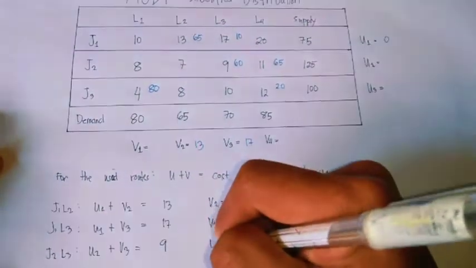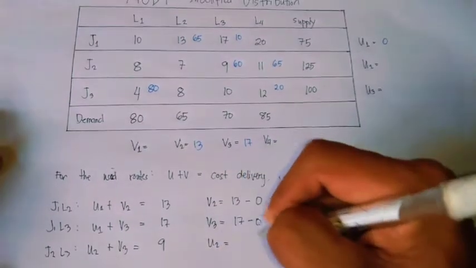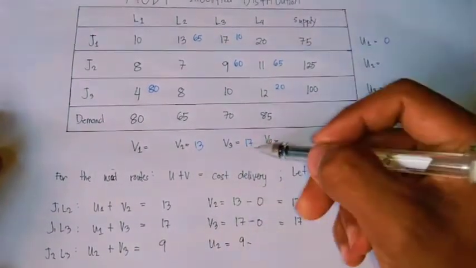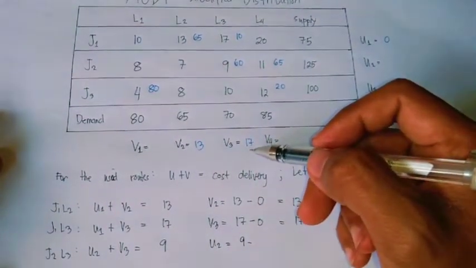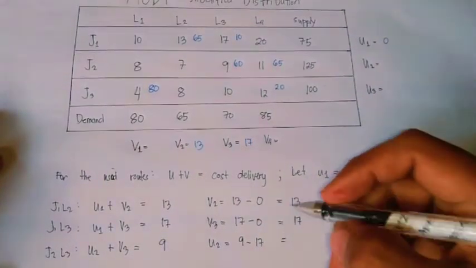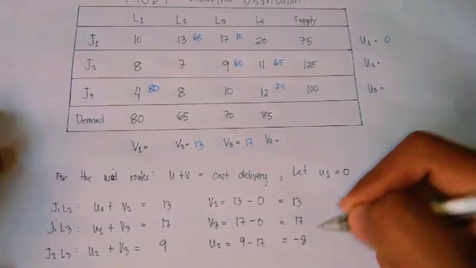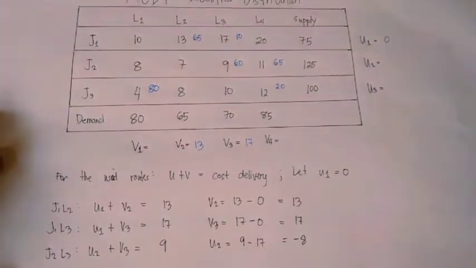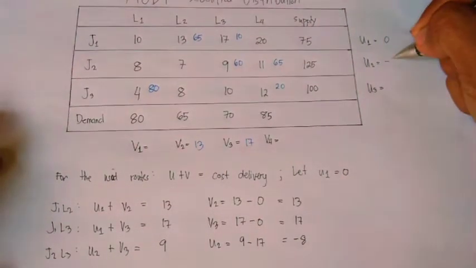So U2 is equal to 9 minus 17, which is equal to negative 8. So our U2 is negative 8.